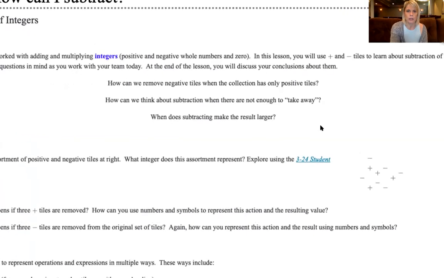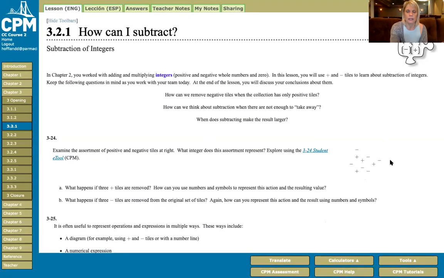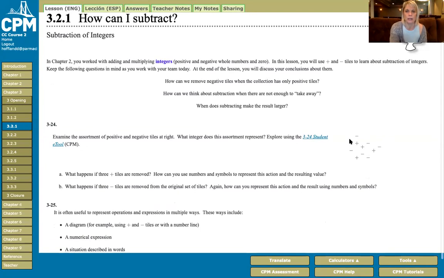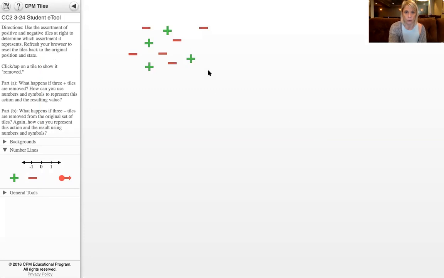So the first question I want to look at is just looking at these tiles here. What this shows you is a bunch of positive and negative tiles at the right. So I'm going to go to the E tool. And what they're showing you is just a combination of different tiles. What you hopefully remember is that when you have a positive tile and a negative tile together, that is called a zero pair.